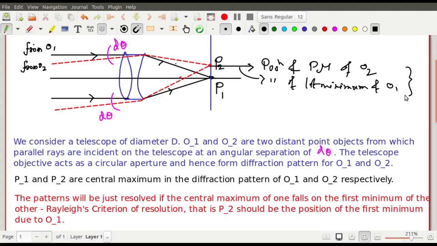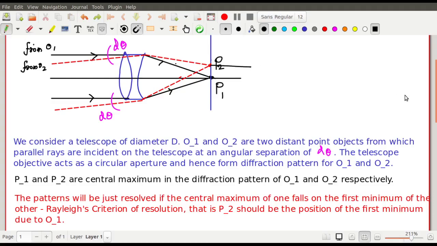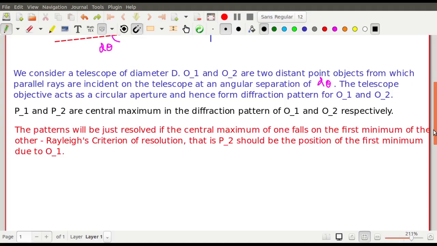There will be that dip that I have been discussing. যেই ডিপের কথা বলছিলাম সেই ডিপটা থাকবে, and then the objects will appear to be separate, or resolved. আশা করি বুঝতে পেরেছো। ঠিক আছে? তাহলে P2, the position of the central maximum of O2, at the same point you must have the first minimum of O1. ওই সেম পয়েন্টে তোমার ফার্স্ট মিনিমাম অফ O1 টাকে থাকতে হবে, রাইট? That is the understanding over here.